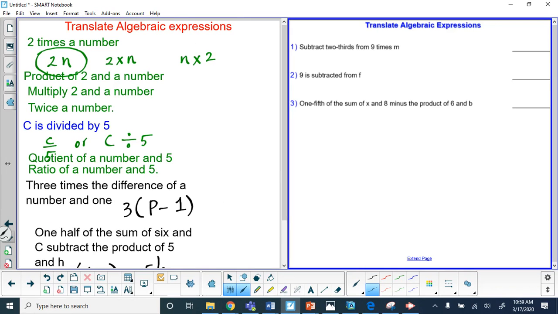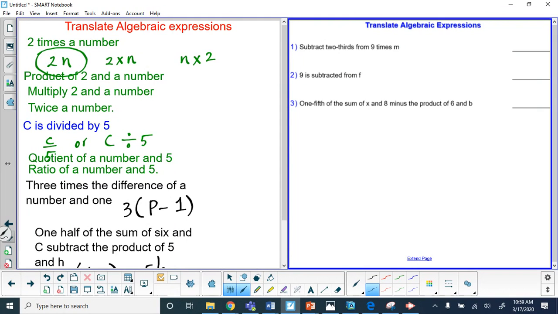Translate algebraic expressions. Question 1. Subtract 2/3 from 9 times m. So now use the knowledge that you learned in the previous pages to translate. Subtract 2/3 from 9 times m.